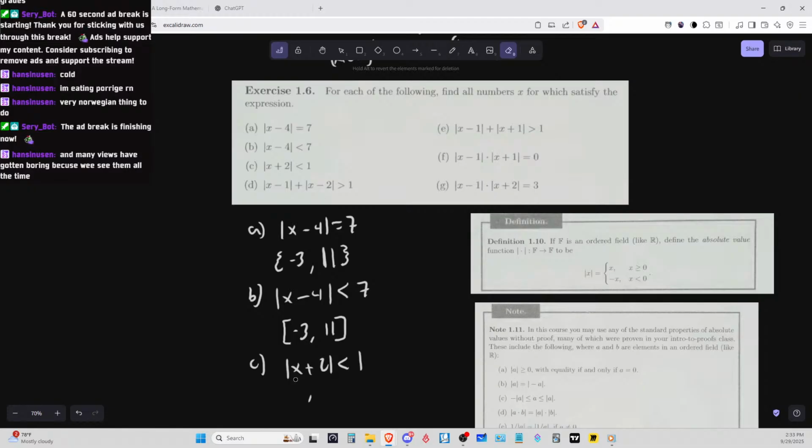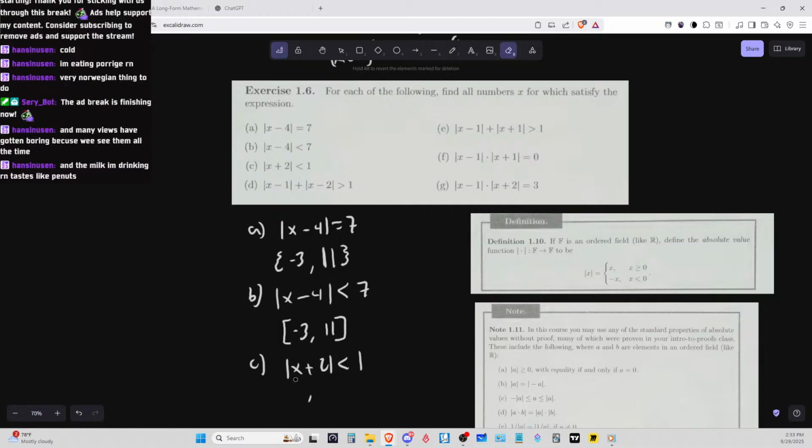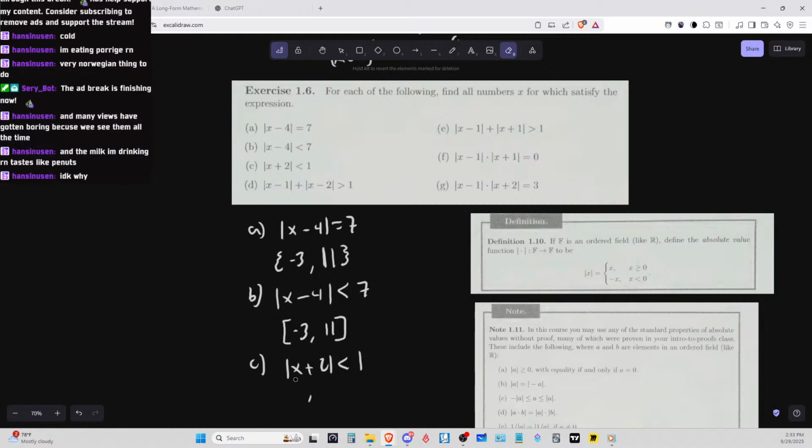Plus 2. That's still 1.5, so we can't even have a negative half in there. So if we have 3/4 plus 2.